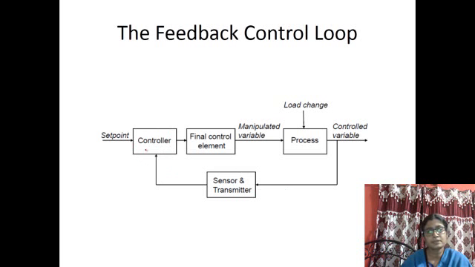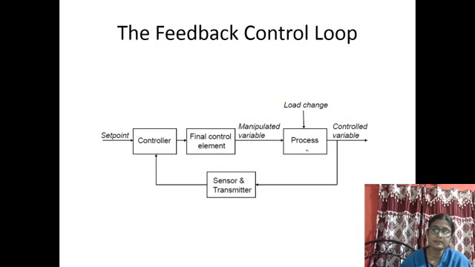Then the controller compares the process variable or measured value with the desired value, and if there exists any deviation or error, the controller will produce the control action, and that will be sent to the final control element. Accordingly, the energy adjustment to the process will be done, that is called the manipulated variable of the process. And the deviation occurs due to change in load variable. That is the basic block diagram of the feedback control system.